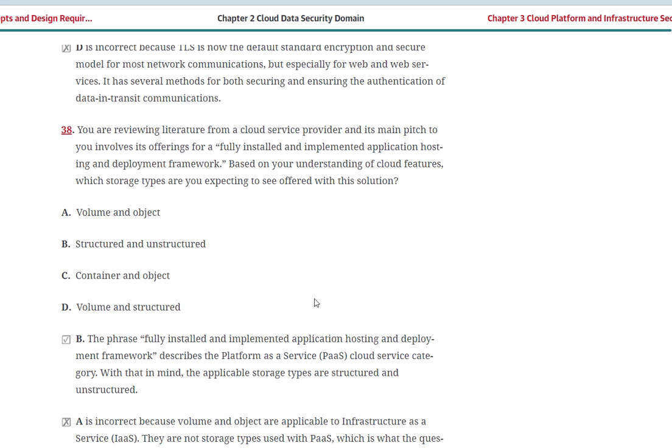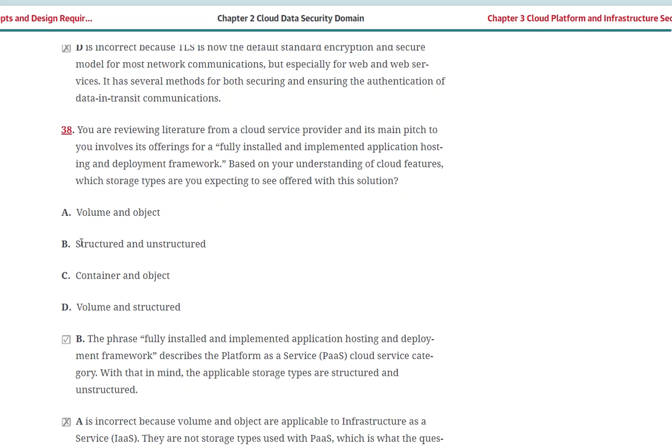Question 38. You are receiving literature from a cloud service provider and its main pitch to you involves its offerings for a fully installed and implemented application hosting and deployment framework. Based on your understanding of cloud features, which storage types are you expecting to see offered within this solution?